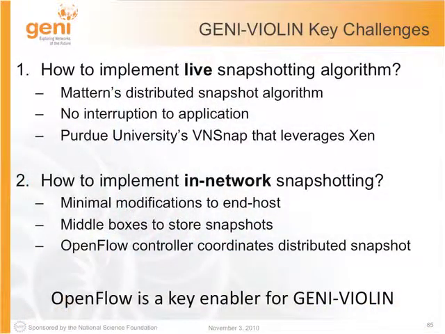What we have done in GENI-VIOLIN is improve that snapshotting. And more importantly, we tried to move all the snapshotting functionality into the network. Why do we want to do that? Because we don't want to make modifications, or only minimal modifications, to the end host, so that we can snapshot any GENI slice even if the slice doesn't know that snapshotting is being done.